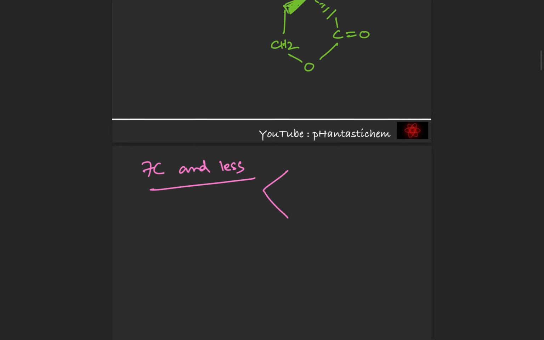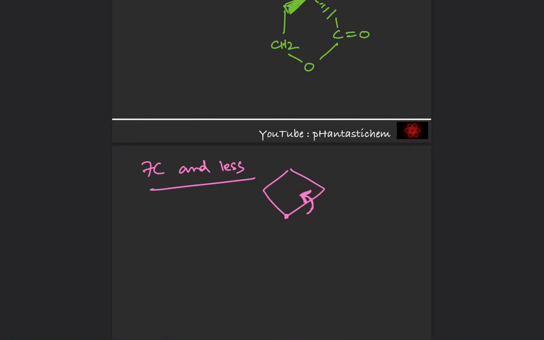For example, if you have cyclobutane, rotation is not possible along this particular CC bond or this particular CC bond. So these rotations are not possible, unlike our simple alkanes. In cycloalkanes, this bond rotation is not possible.